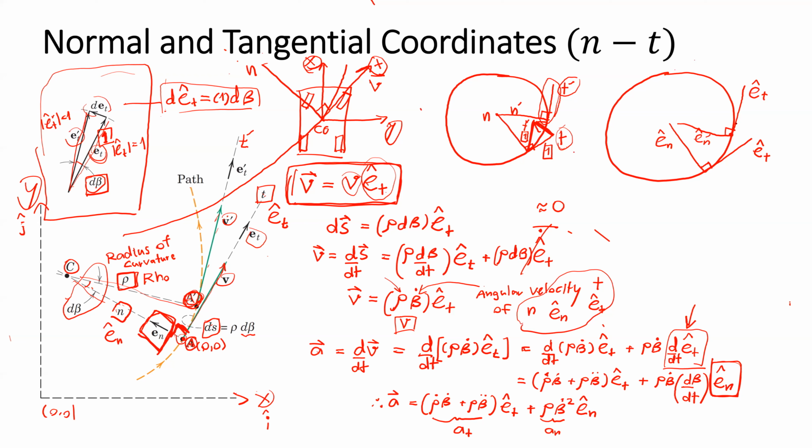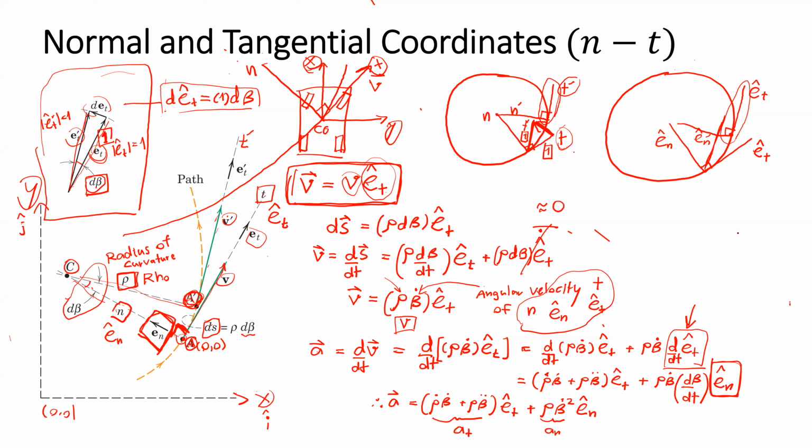But after this, try to imagine that we slide this component of vector to here. Why do we need to slide it to here?